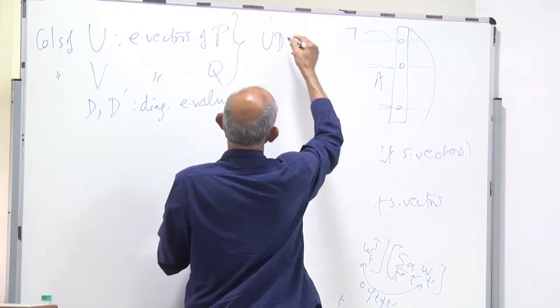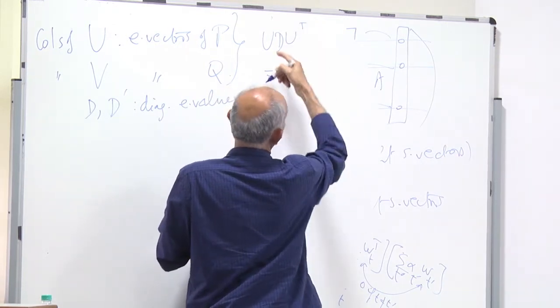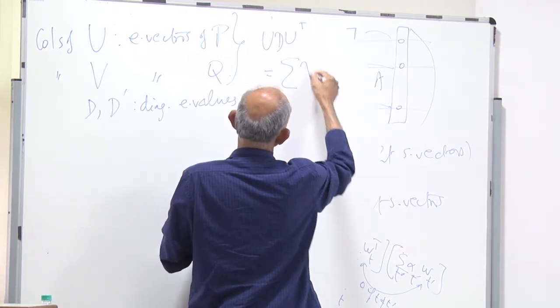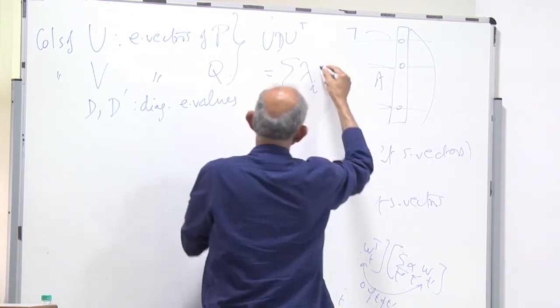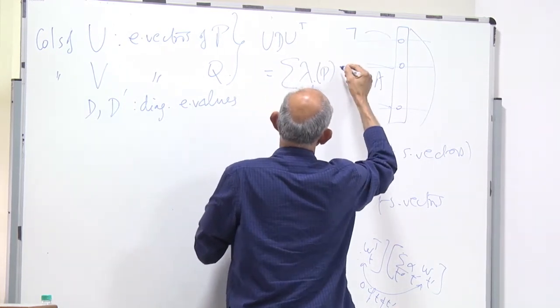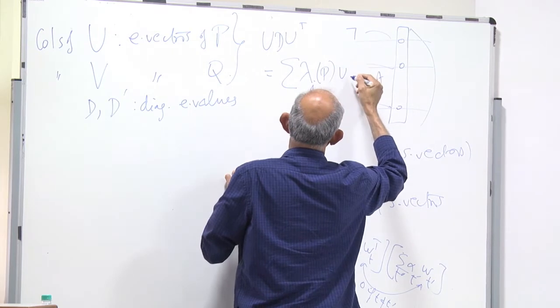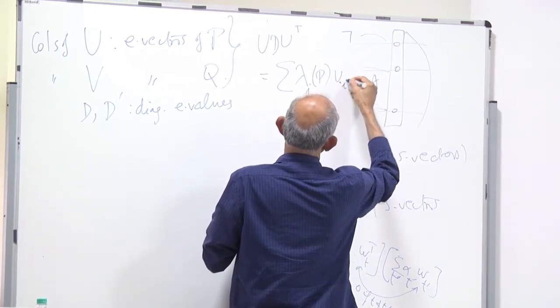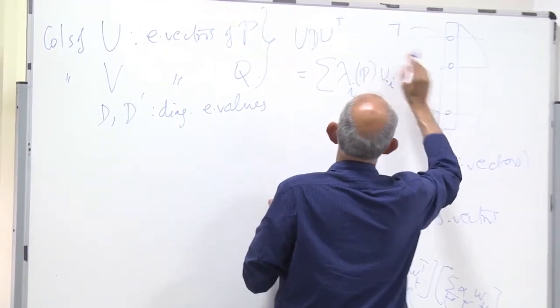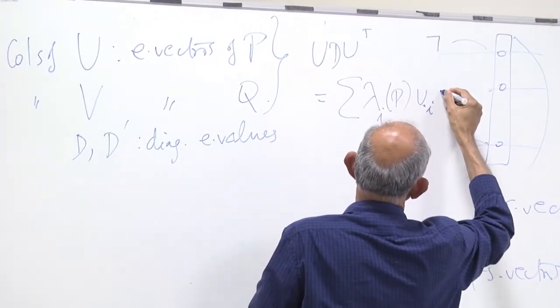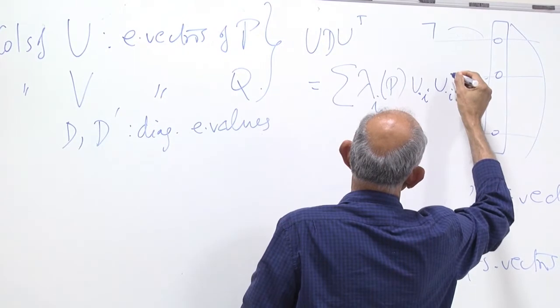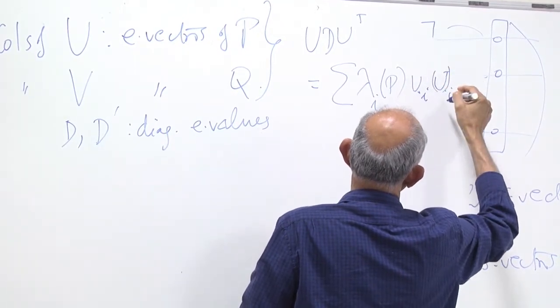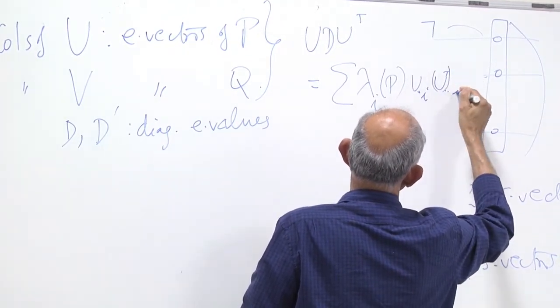So U D U transpose, if you think about it, is the same as the sum of lambda i of P times column i of U, times U i transpose, which is row i of U transpose.